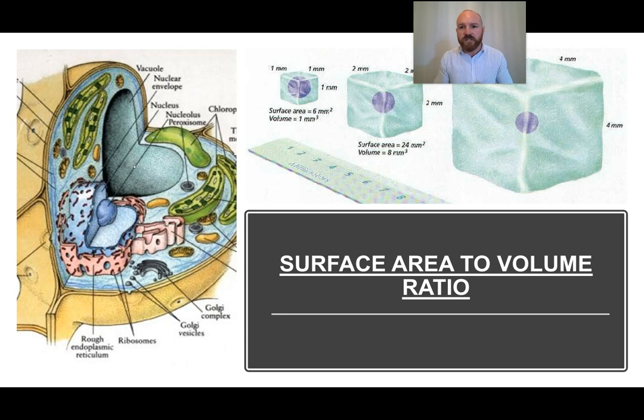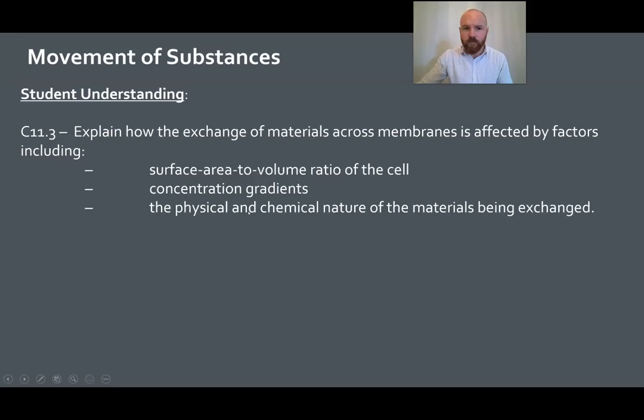So what we're essentially doing is decreasing the volume while still having the same surface area, and that increases the surface area to volume ratio. What that means is substances will be able to move more efficiently across the membrane and throughout the cell. So this idea is about the efficiency of the movement of substances into the cell and throughout the cell.